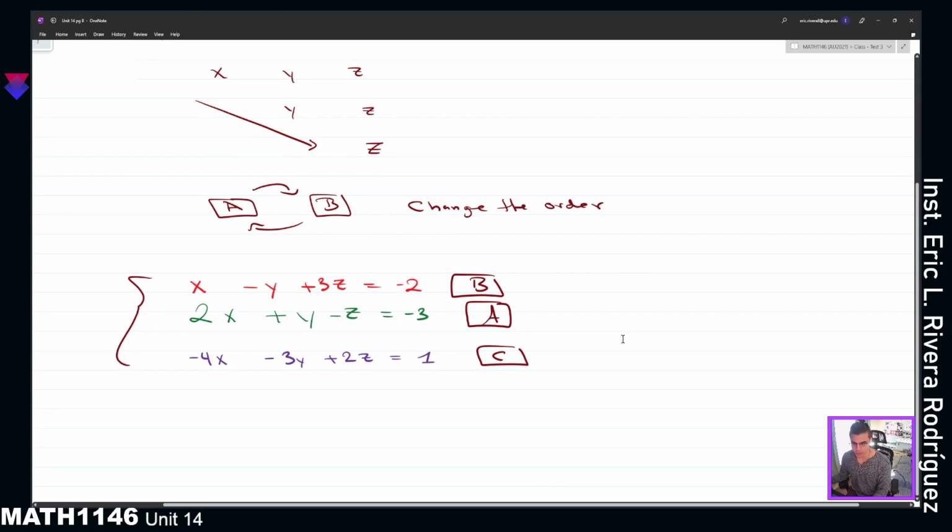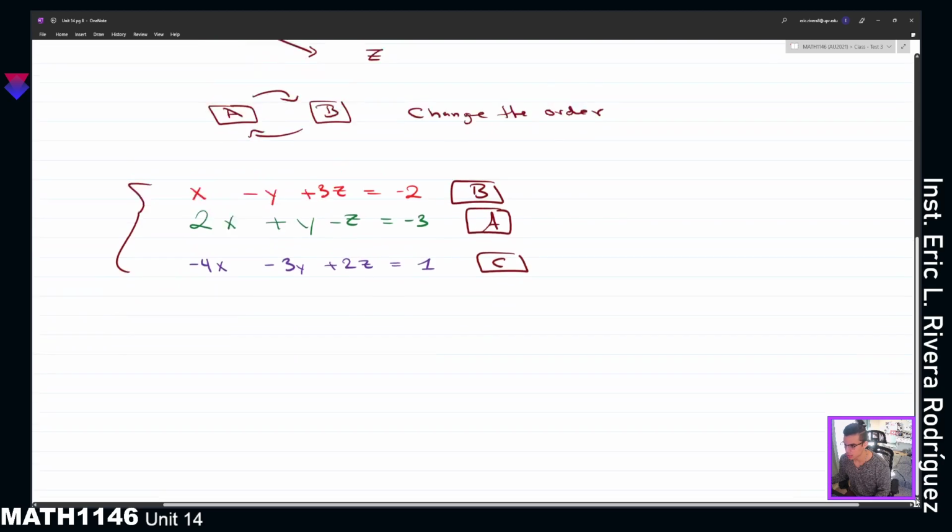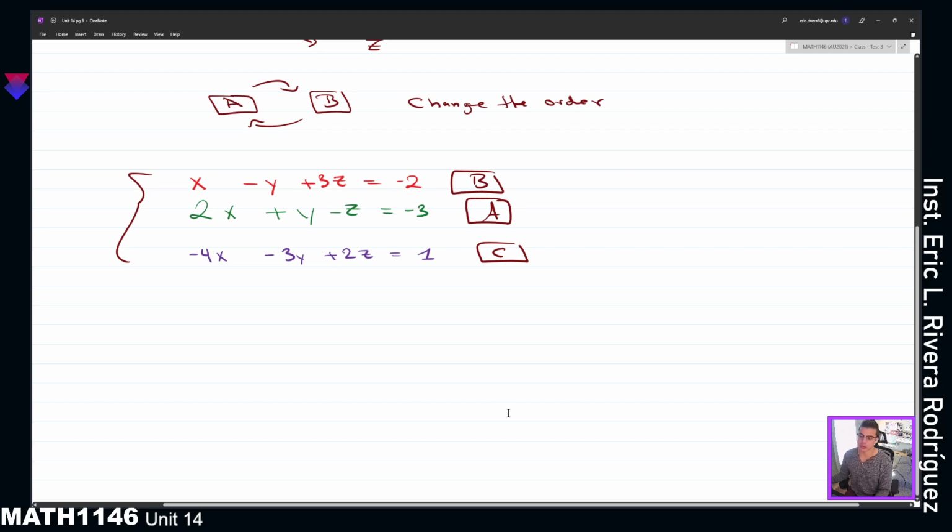That's something that you can do here. There's nothing wrong here. It is completely fine. Why am I doing that? Again, it's because the term x has a coefficient of 1.